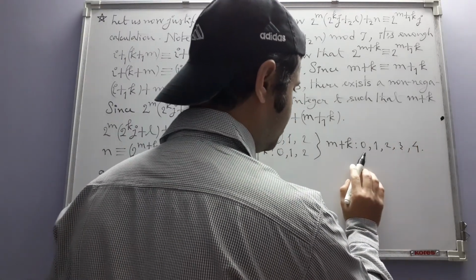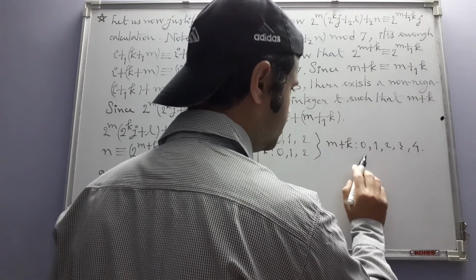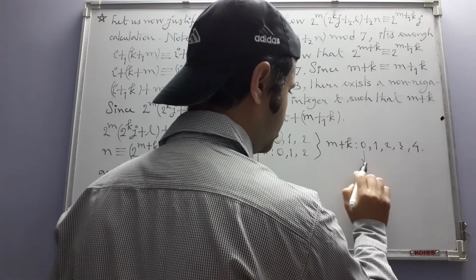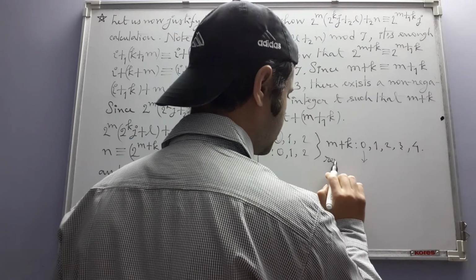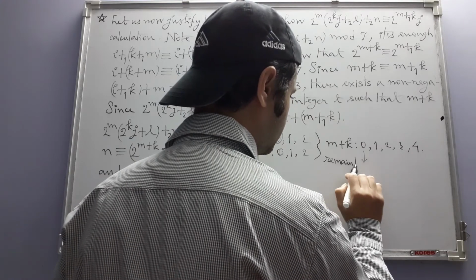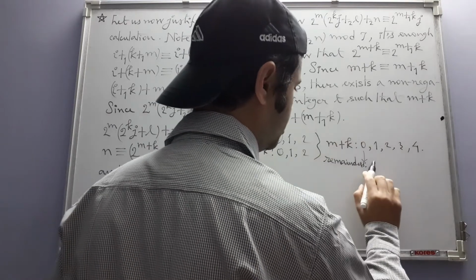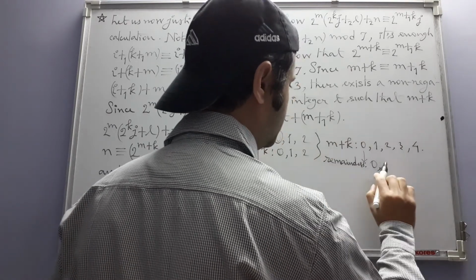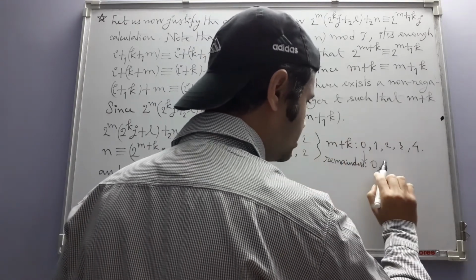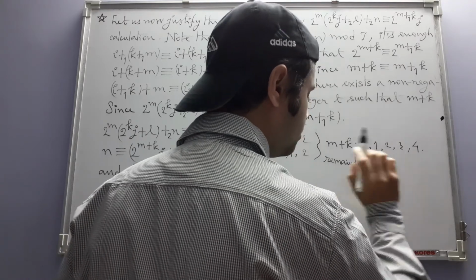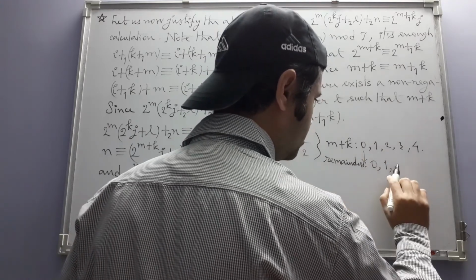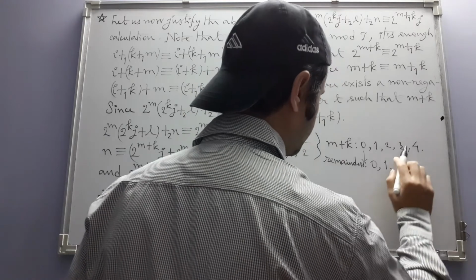So when we divide these by 3, these are the remainders. On division of these numbers by 3, remainder is 0. When we divide this by 3, the remainder is 1. When we divide this by 3, the remainder is 2 itself.